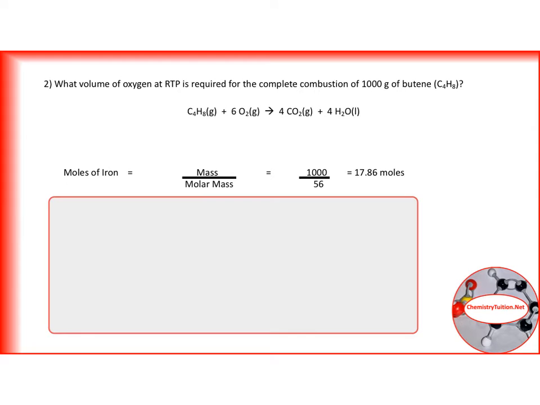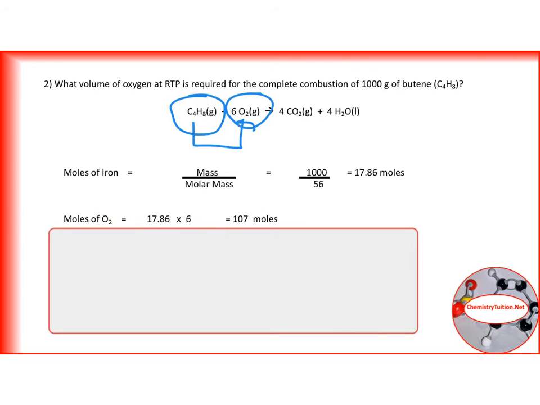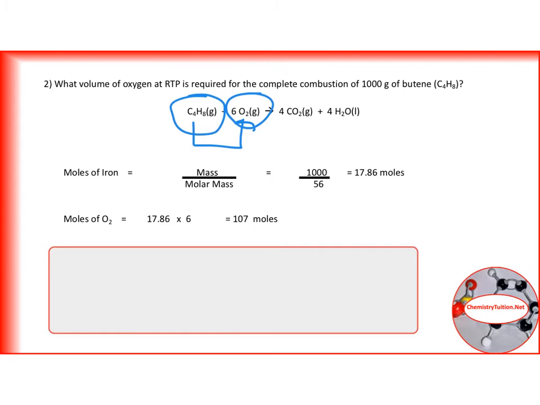Then we look at our ratio, and the ratio we are interested in is between butene and oxygen. You can see from going to butene to oxygen, it's a 1:6 ratio. For every 1 mole of butene, I need 6 moles of O2. So I need to times my 17.86 by 6 to give me 107 moles of oxygen required.